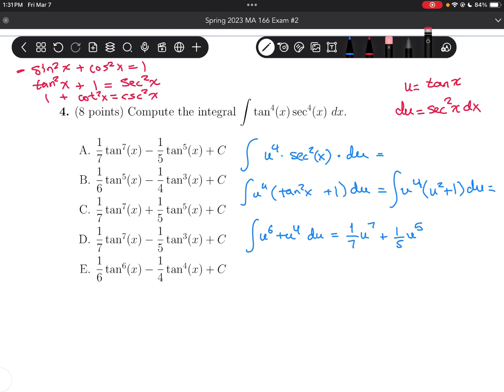So we need to plug in tangent of x back into u. And if I do that, I get 1/7 times tangent x to the power of 7 plus 1/5 times tangent x to the power of 5, and this is plus c. So I forgot the plus c here, but yeah, plus c. Okay, so that would make the correct answer to problem 4, C.